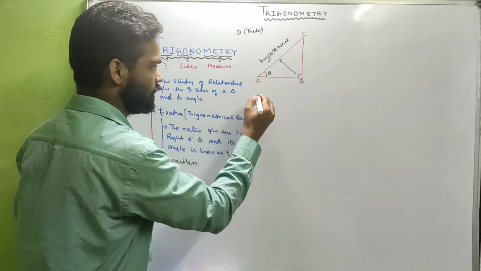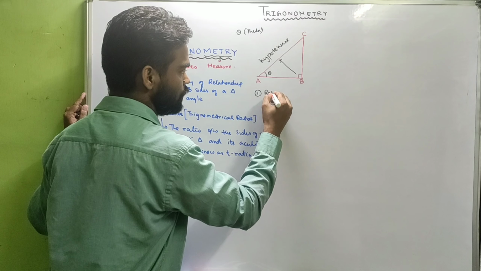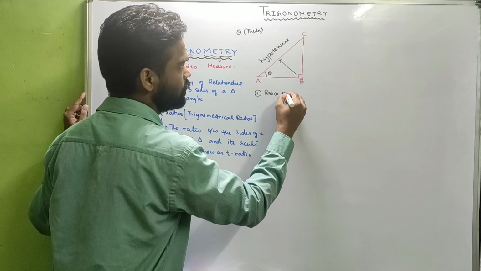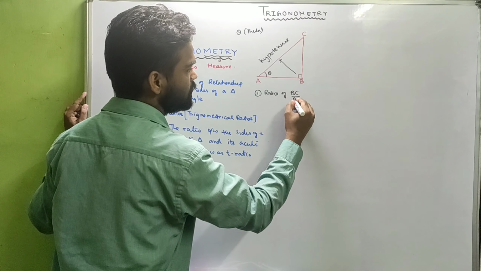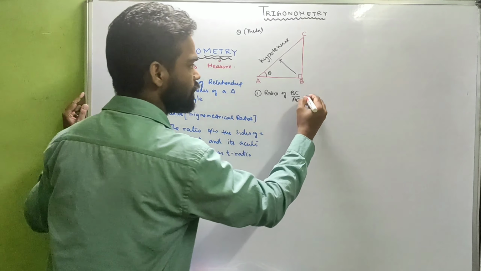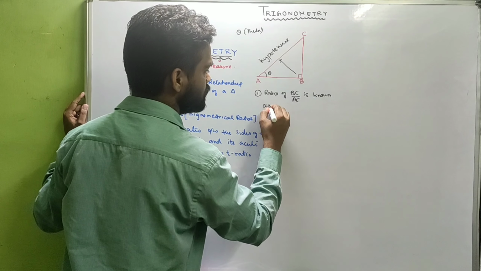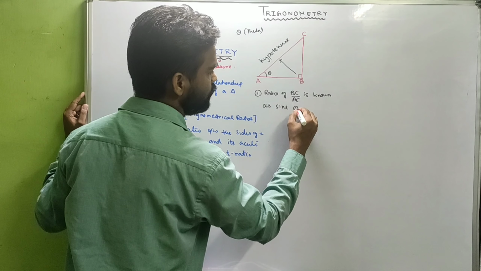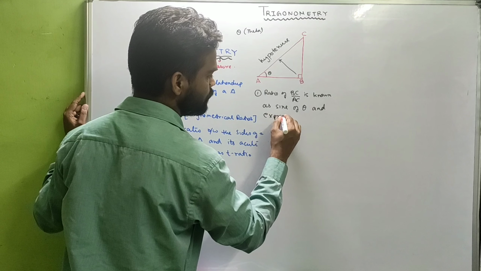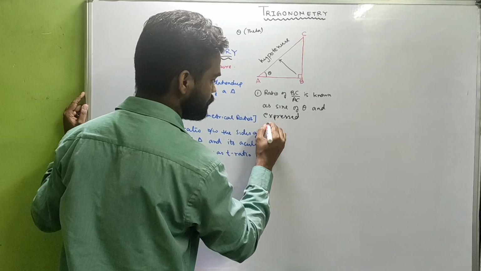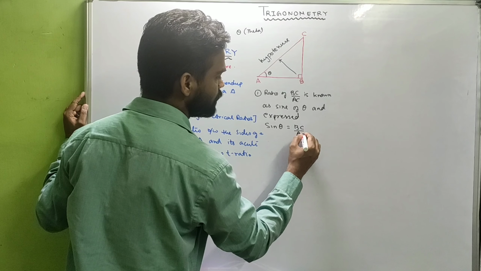Okay, then the first T ratio, the ratio of BC by AC, is known as sine of theta, and this is written as sine theta equals BC by AC.